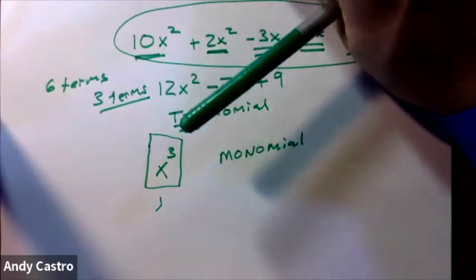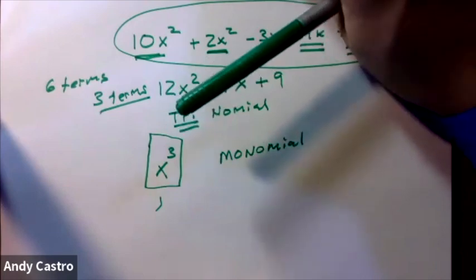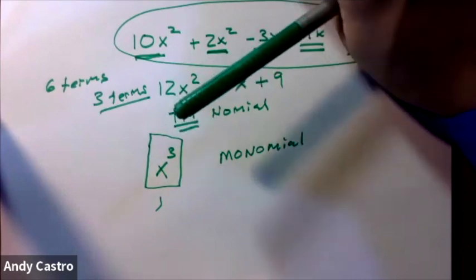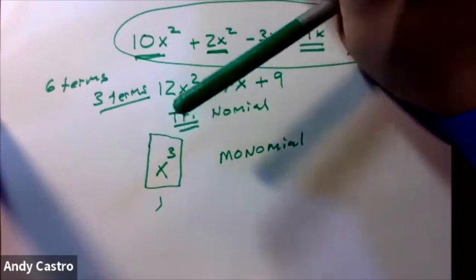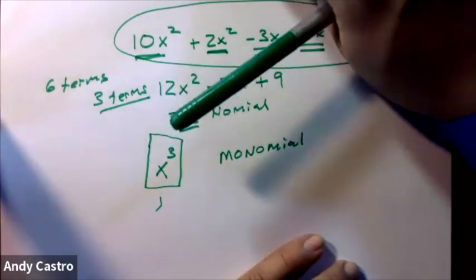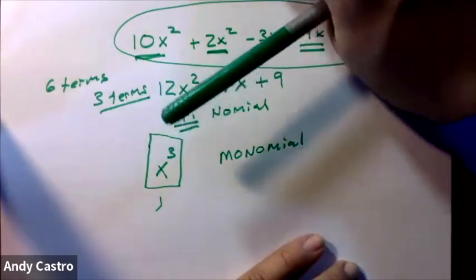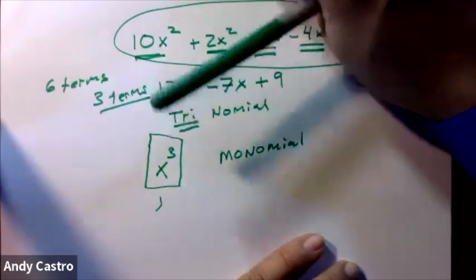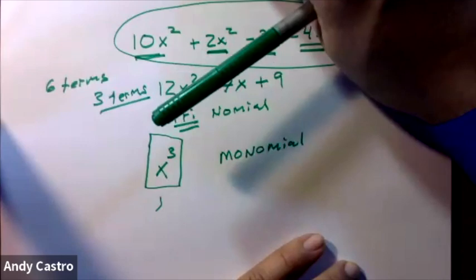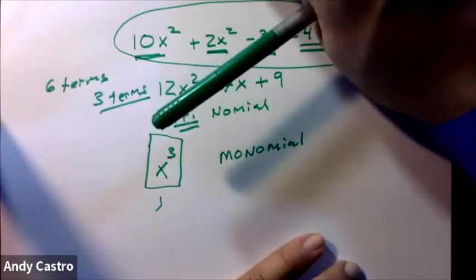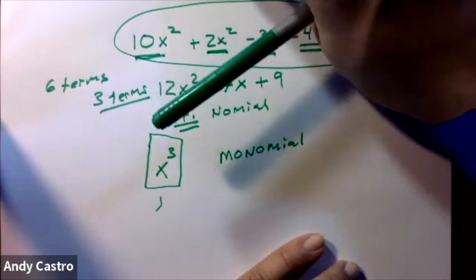Let me double check that it's not monomial with two N's. Why is it not showing me?